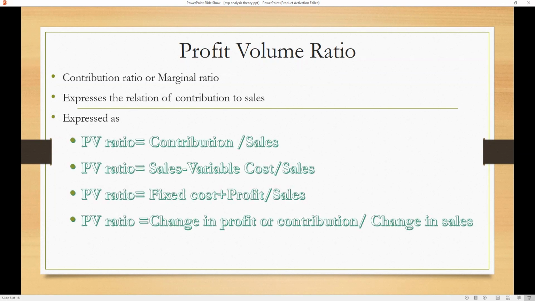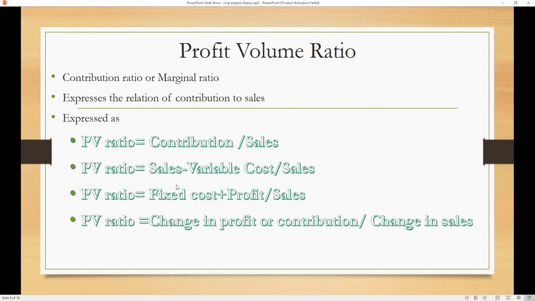So, it is expressed in different formulas we have. Depending upon the situation, we use the formula. PV ratio is equal to contribution divided by sales. PV ratio is equal to sales minus variable cost divided by sales, because your contribution is rewritten as sales minus variable cost.